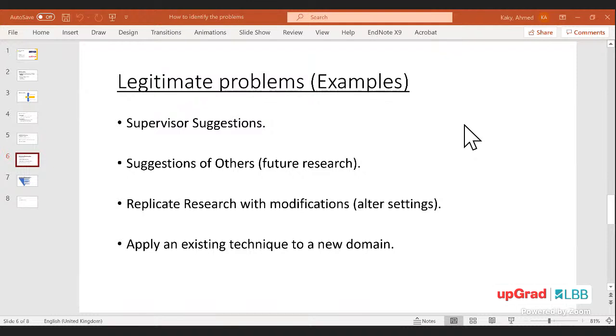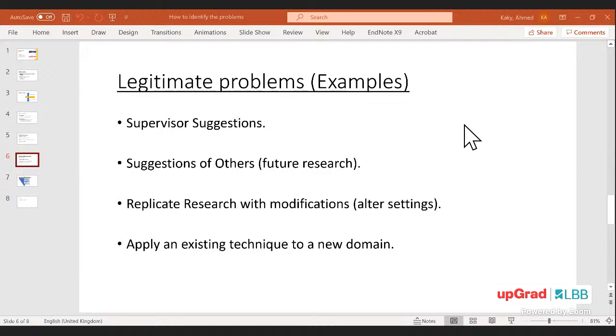So you could replicate similar research, but you could alter the settings of that research. Then you could define new variables. You could apply such a technique on a new domain, or you could alter or tune the parameters. Then you could come up with a new result. So these are some of the examples through which you could define your research problem.